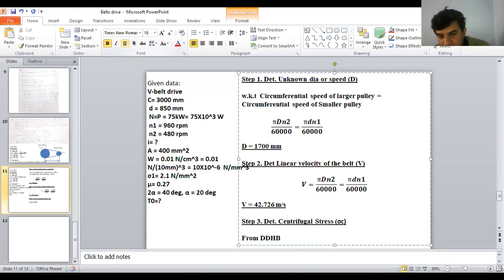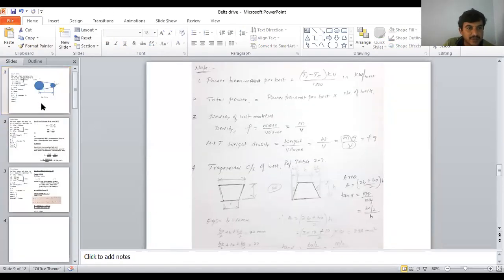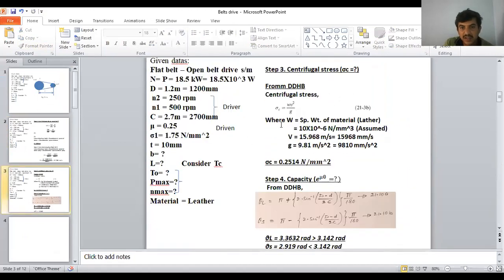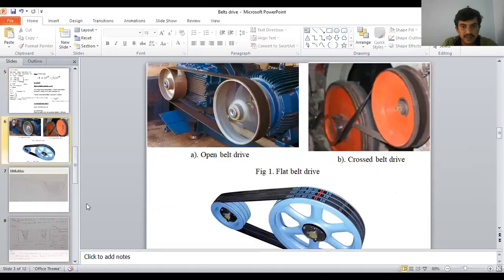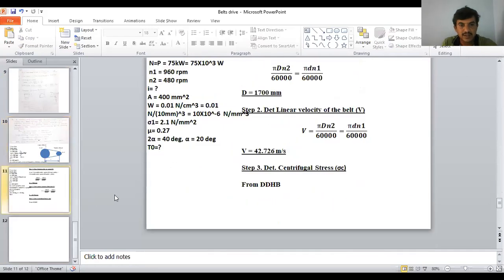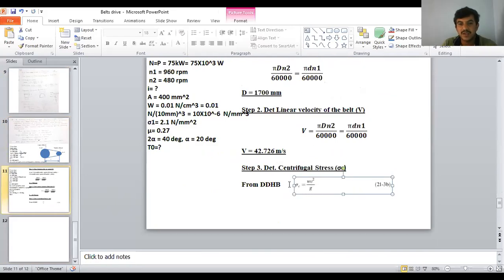What is the equation number? 21.3B. It's from the design data handbook: 21.3B, sigma C is equal to W V square by g.